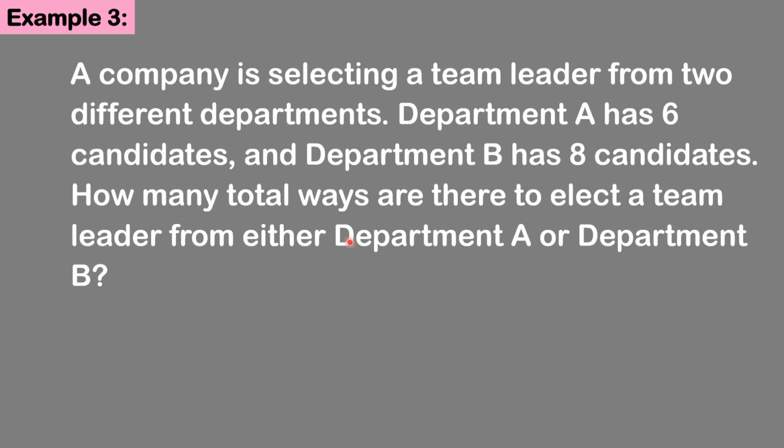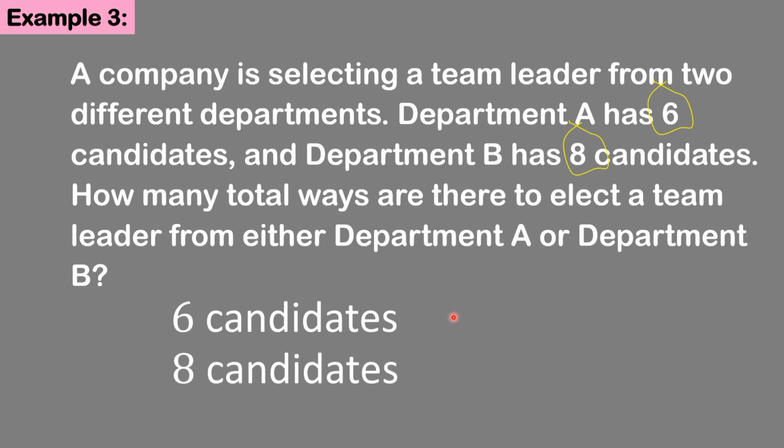How many total ways are there to elect a team leader from either Department A or Department B? 6 candidates from Department A plus 8 from Department B. Just add all the candidates from Department A and B to get the total ways to elect a team leader from either department. Therefore, there are 14 ways.